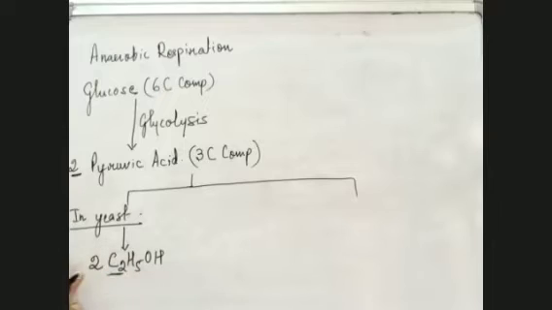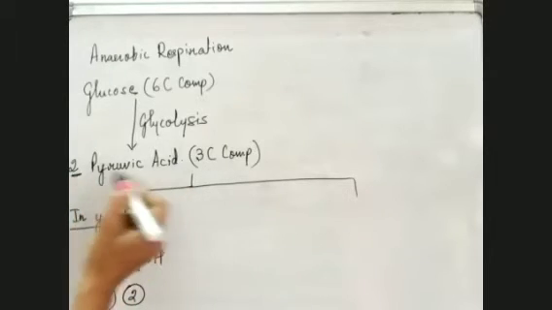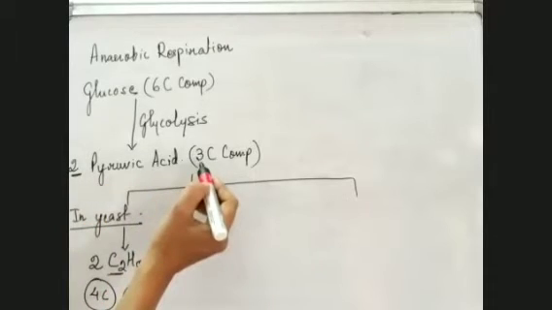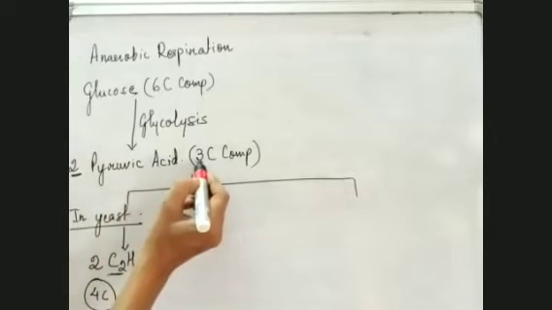Now, when 2 molecules of ethanol are formed, 4 carbons are used up, 2 2s are 4, and still 2 are left. Still 2 carbons are left, because how many carbons in the pyruvic acid? 6 carbons, because pyruvic acid is a 3-carbon compound. One pyruvic acid has 3 carbons.